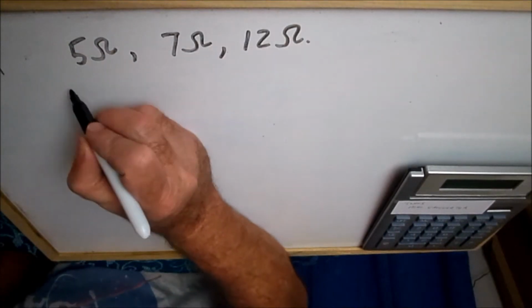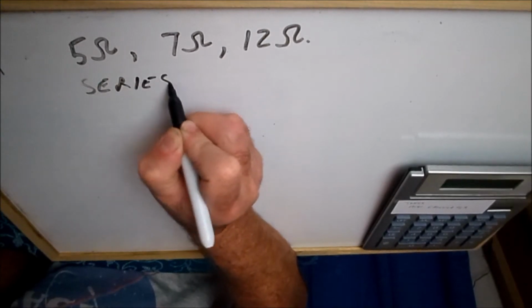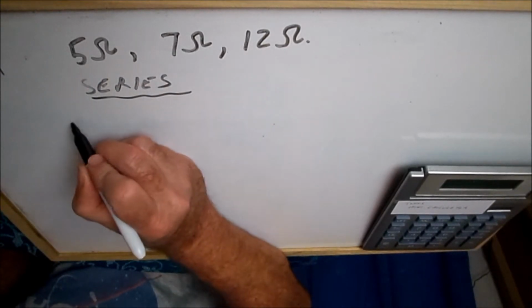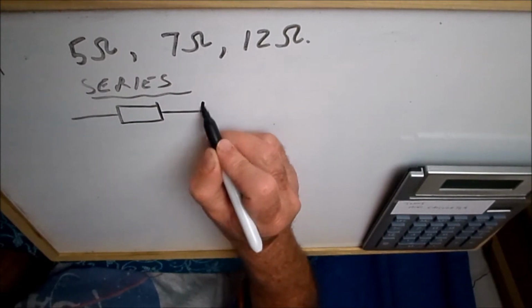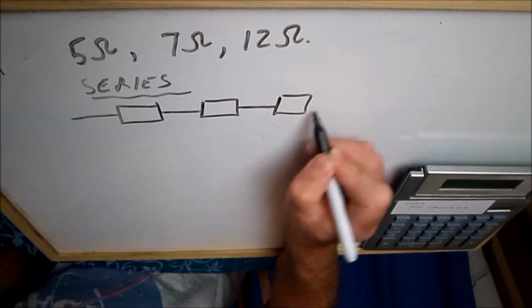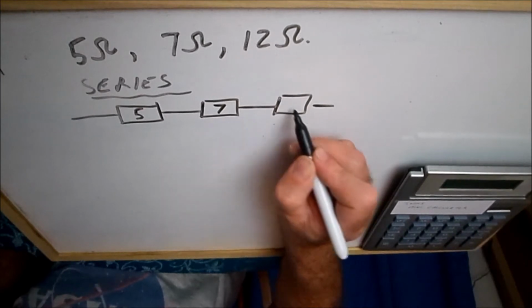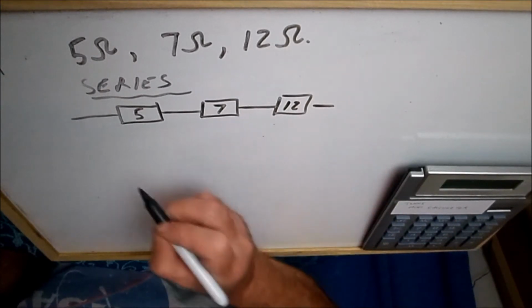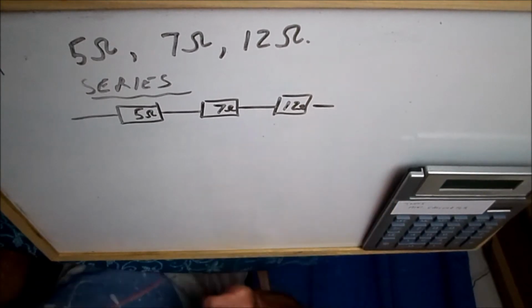If we do the series first of all, the resistors are going to be connected like this. That's going to be 5, 7 and 12 ohms.